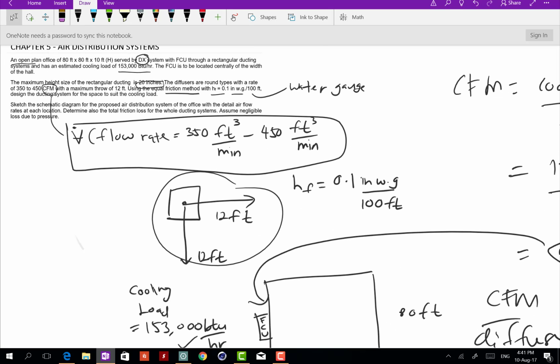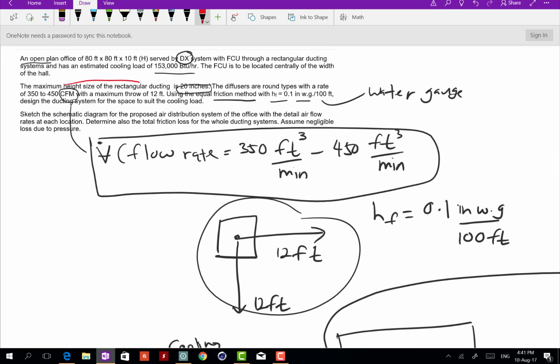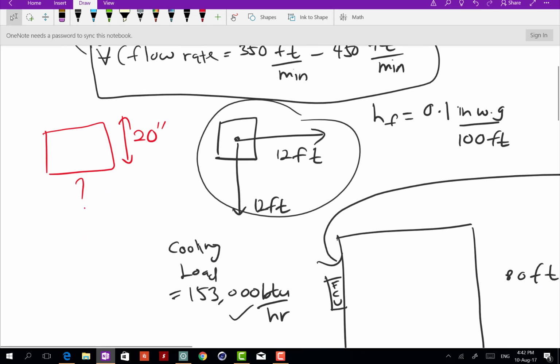The maximum height of rectangular ducting is 20 inch, so one side of the rectangular ducting, the height, must be 20 inch. So we need to find the other length of the rectangular ducting. We already have the value for round ducting, so we need to transform it into rectangular ducting.